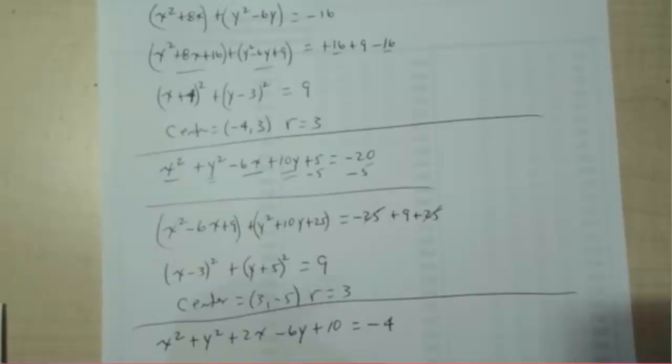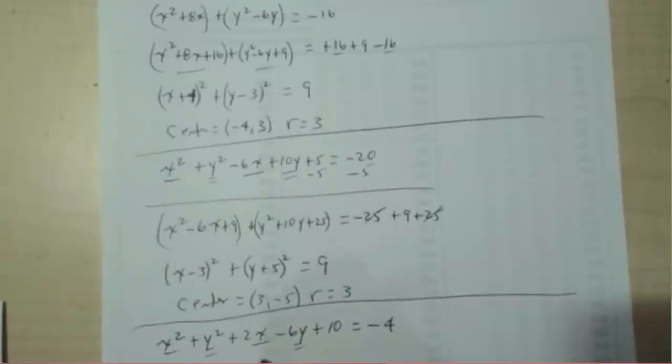So we get x squared plus 2x, skip a little space here to complete the square, plus y squared minus 6y. Subtract 10 from each side. Skip a little space to complete the square, equals negative 14.